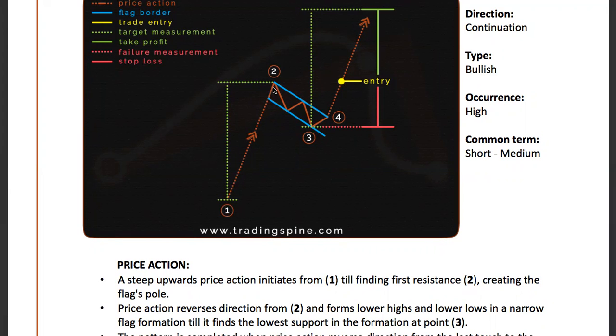So the flag is just a form of retracement. In this case now, this is buyer's exhaustion. So now we have an impulsive or extensive move, and then a retracement back to the downside, and then another impulsive move. So that is just the pattern.